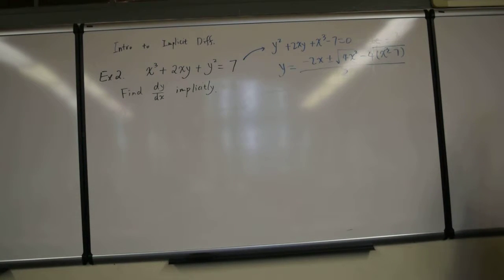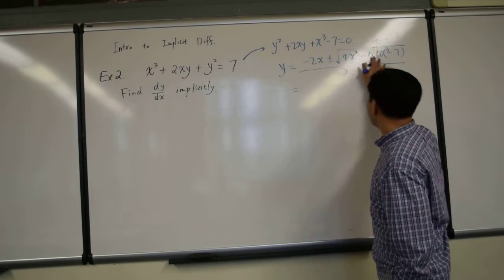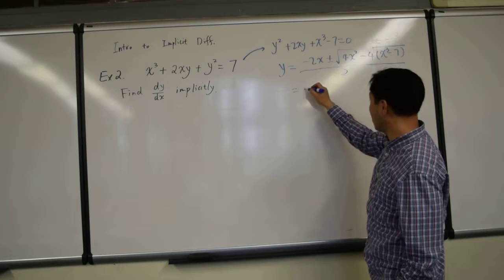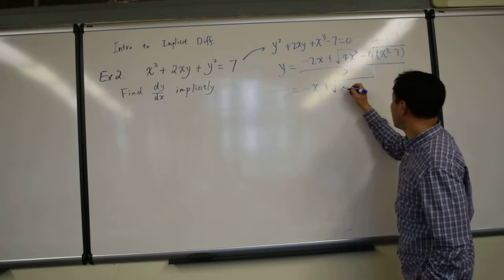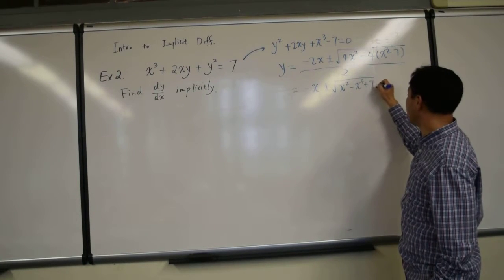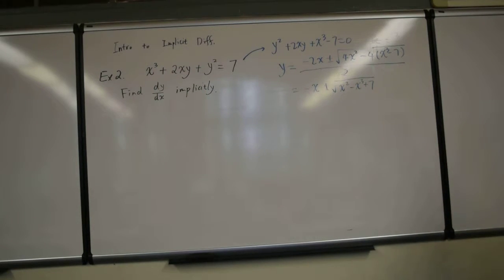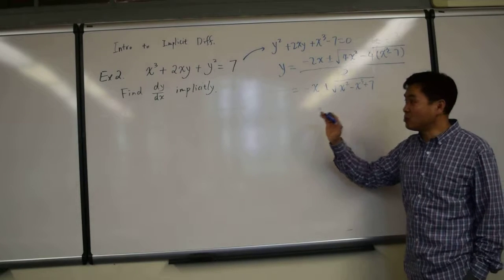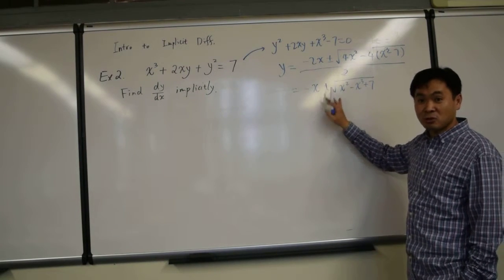I guess you can simplify this slightly more by taking the 4 out. When 4 comes out, it becomes 2, and the 2s all cancel, and you get negative x plus or minus the square root of x squared minus x cubed plus 7. So that's your y. And because y happens to be two different functions, to find dy/dx, you have to write down the solution in two different cases.